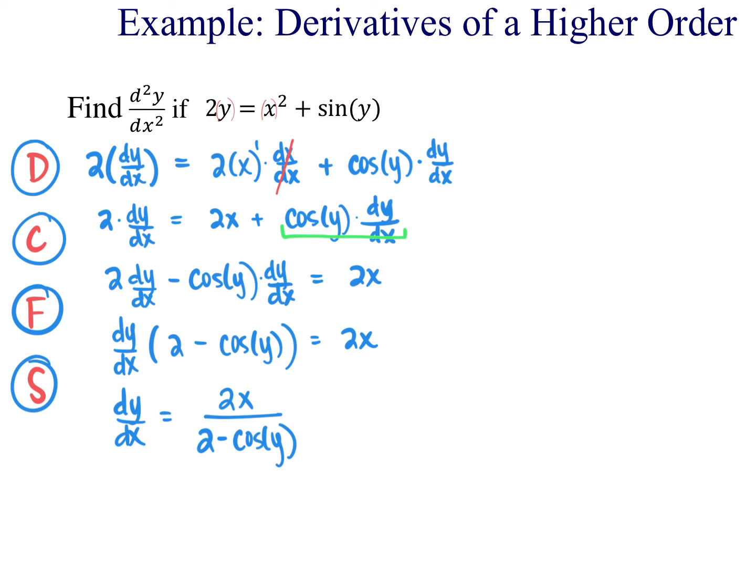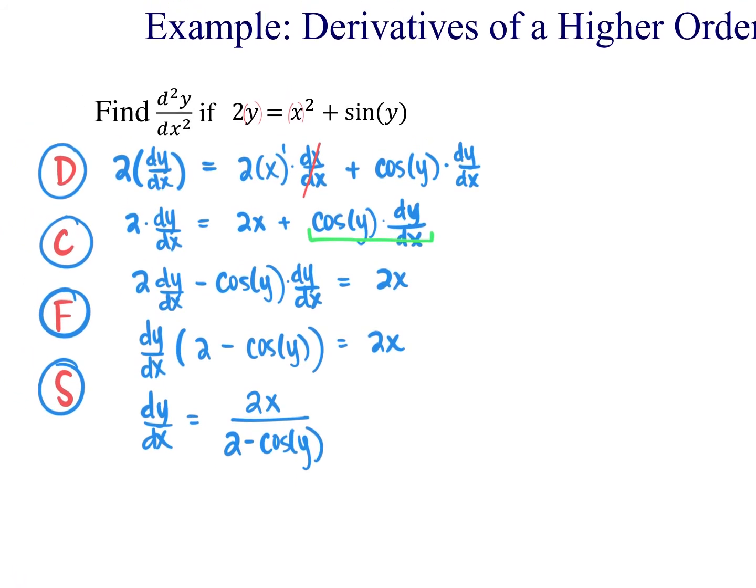Now I'm ready for my second derivative. Once again, our second derivative is going to require us to do some quotient rule work. So we're going to start with the denominator of 2 minus cosine y and multiply that by 2 times dx dx. So the prime part should always have something with dx in it.